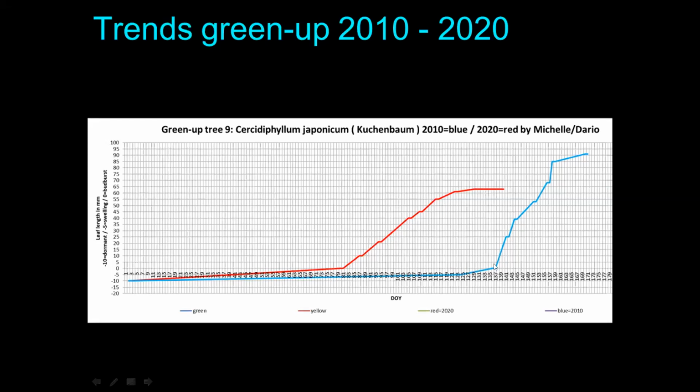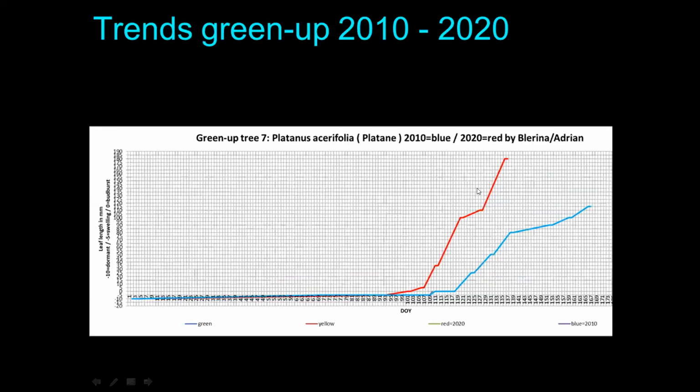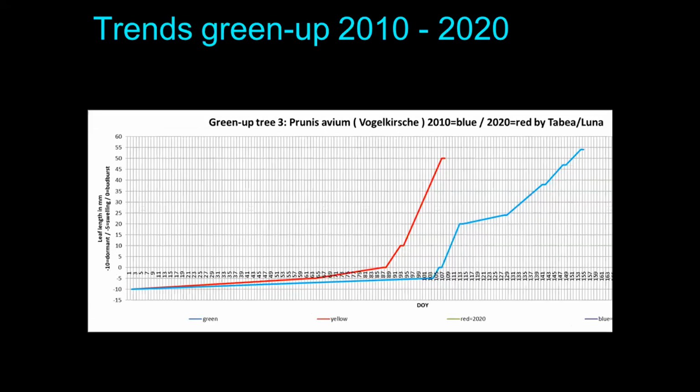Budburst was in May, and now in May the leaf is already fully grown. Or a plane tree. The difference is not as big, but also clear. And this is a wild cherry tree. So with all the trees, we have about 15 to 30 days difference, which is amazing.